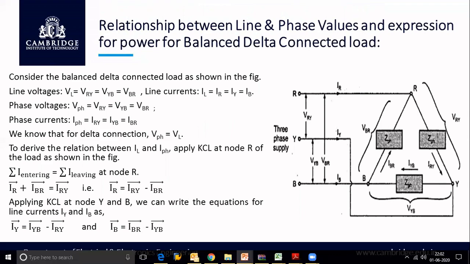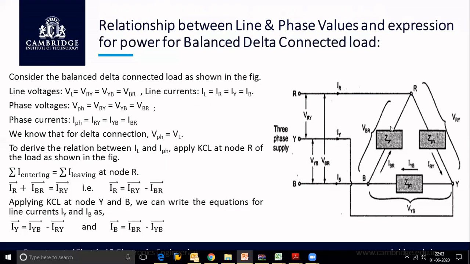Here the same Z phase load is connected in delta connection, and this delta connected load is fed from a three phase supply, as shown in the figure R Y B. Again here VRY, VYB and VBR are the line voltages, which are represented as VL, and IR, IY, IB are the line currents, which are denoted by IL. Similarly, VRY, VYB and VBR are also the phase voltages, which are denoted as V phase, and IRY, IYB and IBR are the phase currents, which are denoted as I phase.